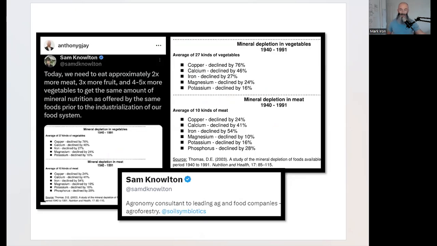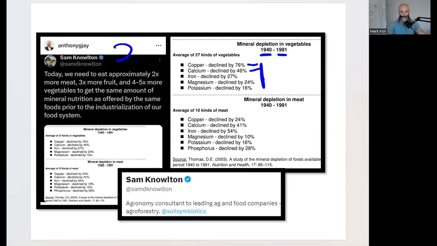Now, another thing that's important to understand is that big ag is another big problem because they started spraying the soil with synthetic fertilizers and it depleted the soil of key vitamins and minerals like copper, 76%, calcium. You can see the problem there. This was in 1940 and this was just in 1991.